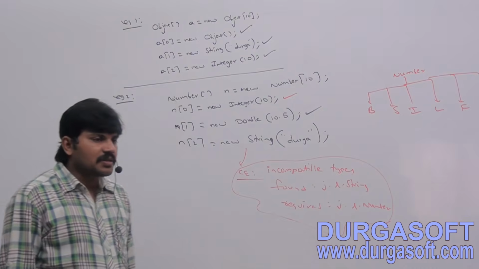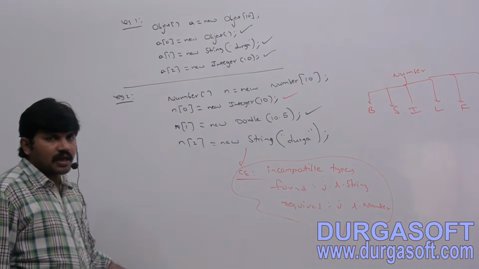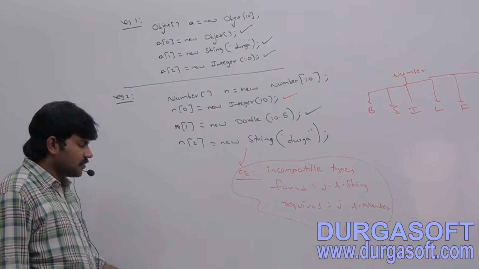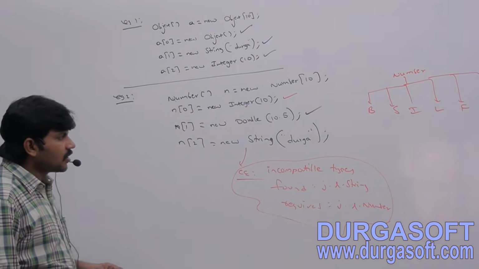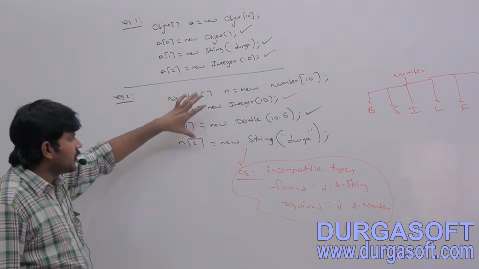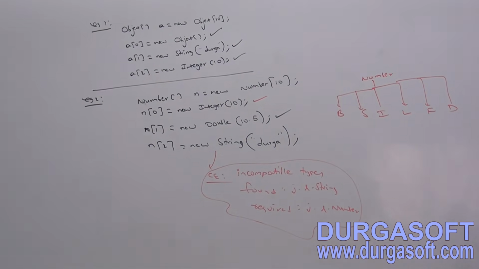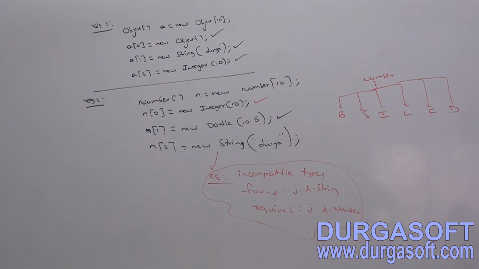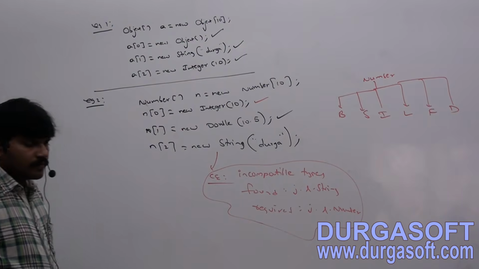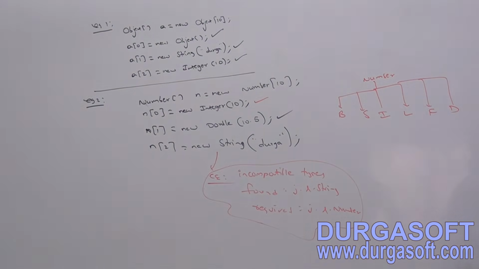Take example 1 and example 2, take both clearly. Either declared type objects or its child class objects we can provide, no problem at all.